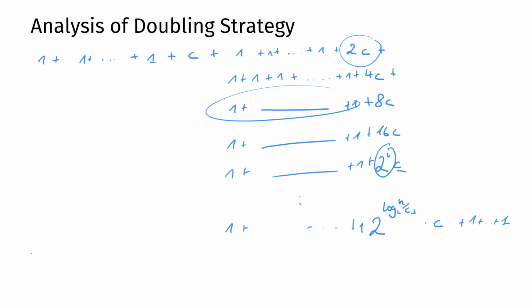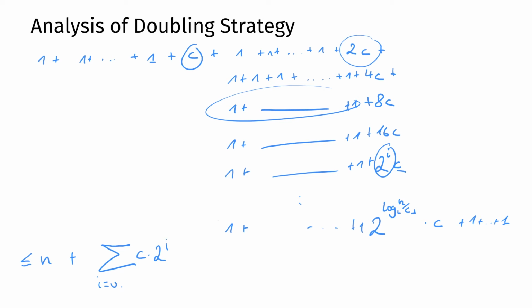So let's write that again as previously as n plus, because all of those ones, we have at most n ones, so that's n plus. And now we have a sum. The terms here are always c times 2 to the i, where c is c times 2 to the 0.